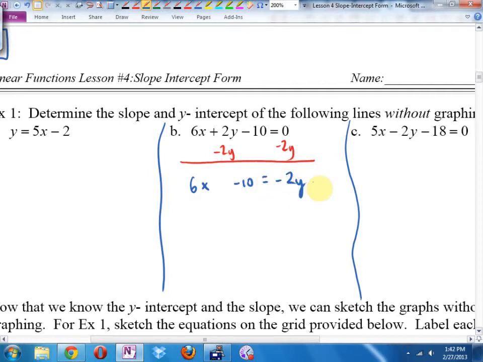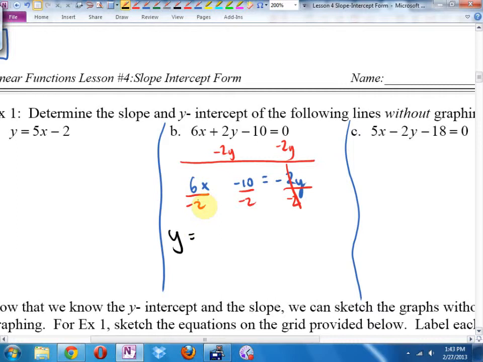Haven't quite got the y by itself. Now what? Divide everything by -2. Divide not the two numbers, all three terms, everything. Divide by -2, divide by -2, divide by -2. Here they cancel. And I end up with y equals, what is 6 divided by -2?